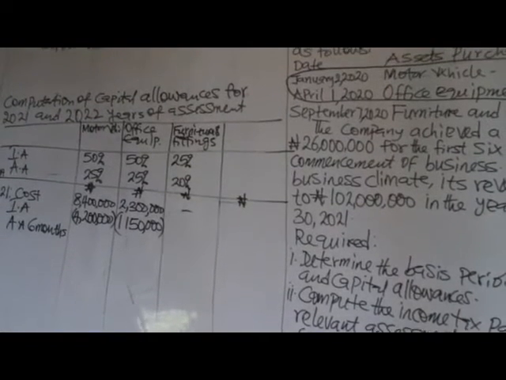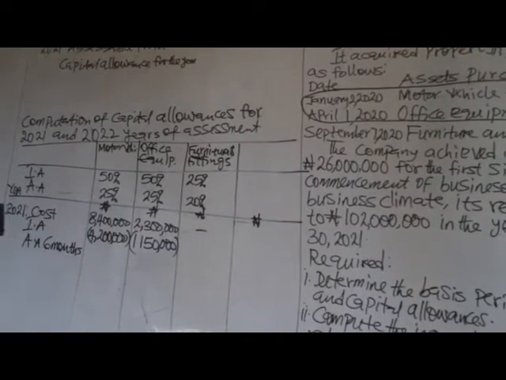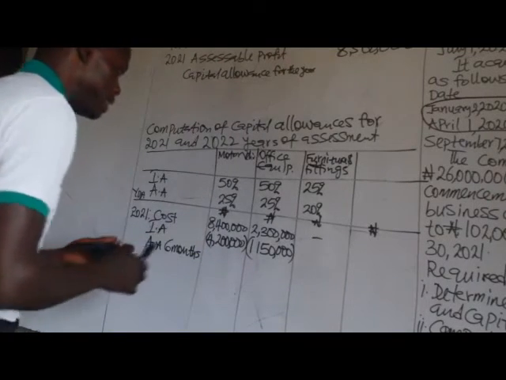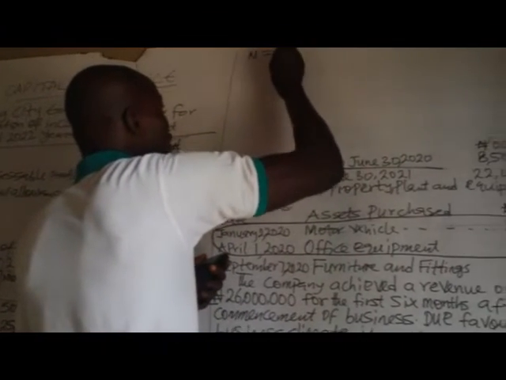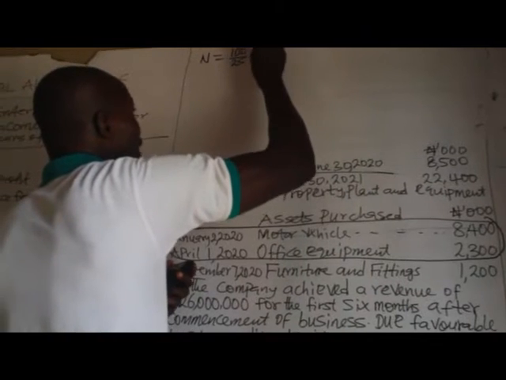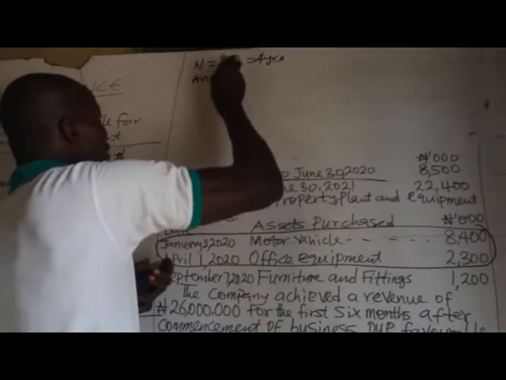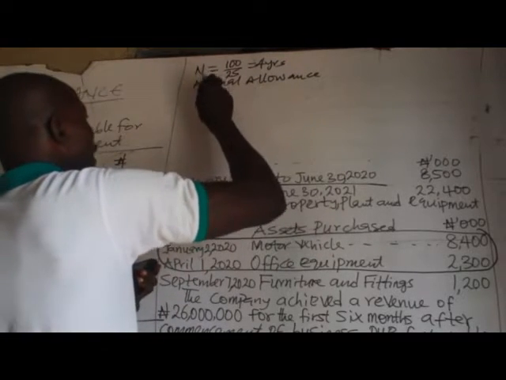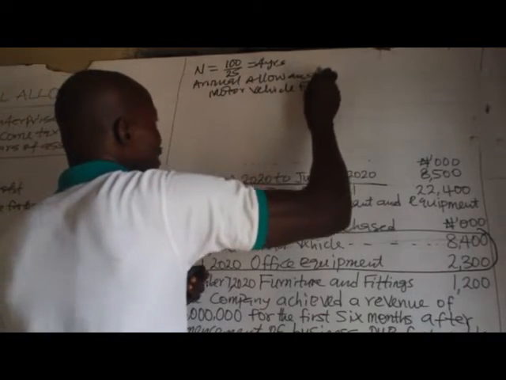And I've told you that to compute the annual allowance, you have the cost minus initial allowance divided by the estimated useful life of the asset. The annual allowance rate is 25%. Therefore, to get the life of the asset, we have 100 over the annual allowance rate of 25%, so the asset is expected to last for 4 years. Therefore, to compute the annual allowance, the first asset is motor vehicle, full year annual allowance.